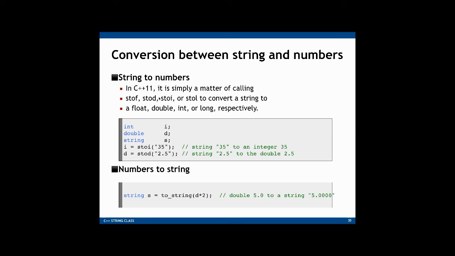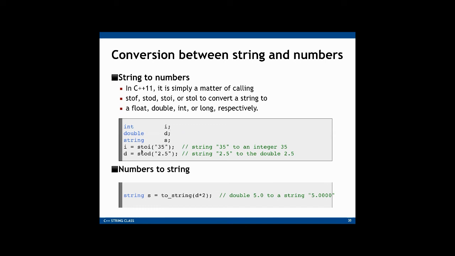And these are the functions: stof, stod, stoi, and stol. These are the functions to convert the string to float, this one converts string to double, this one converts string to int, and this function converts string to long.